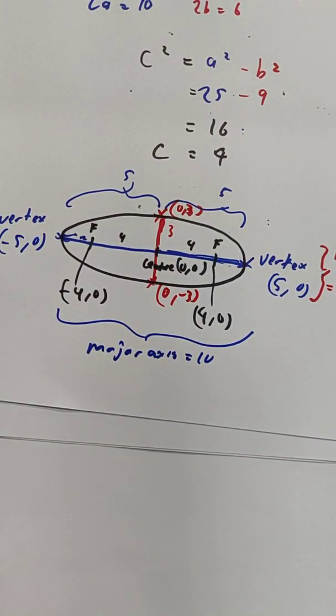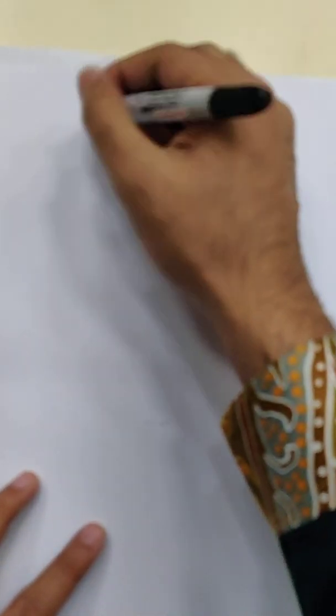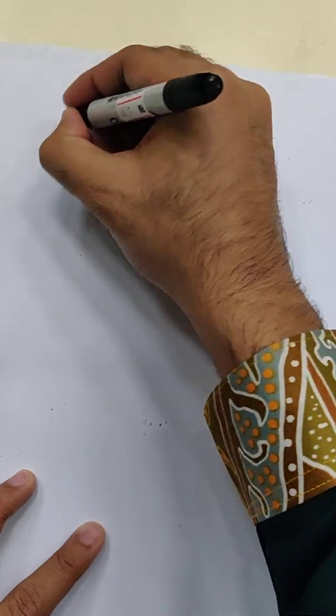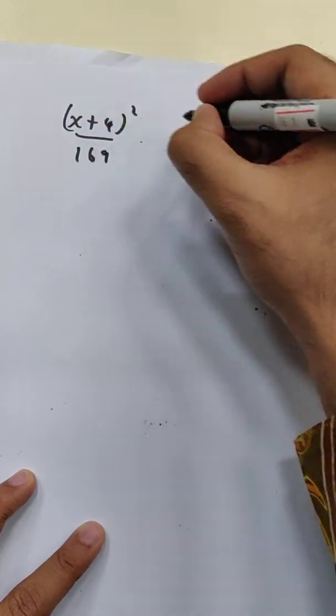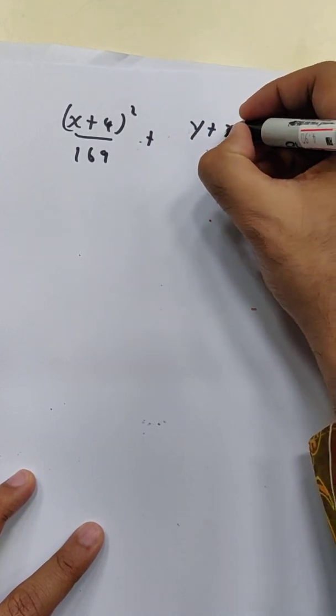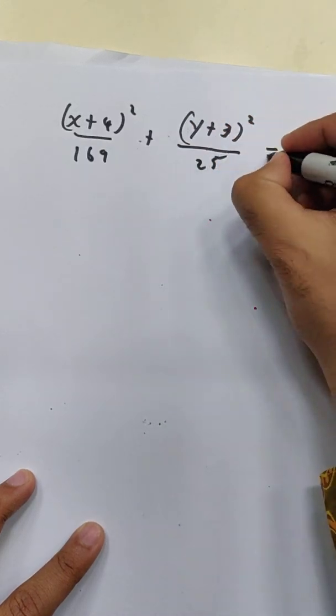Okay, the next one you're going to try by yourself. Do everything, but this time: (x plus 4) squared over 169, sorry, over 16, plus (y plus 3) squared over 25 equals 1.